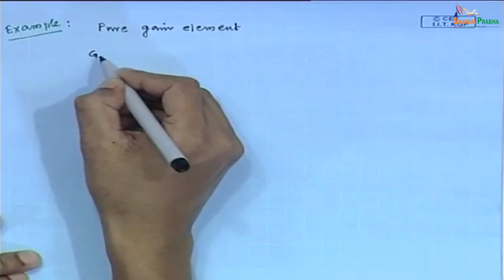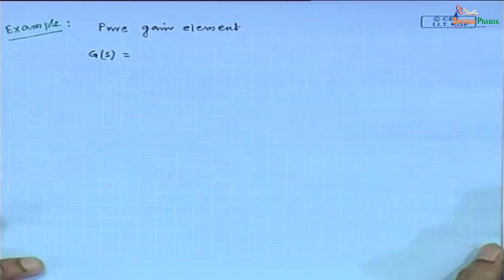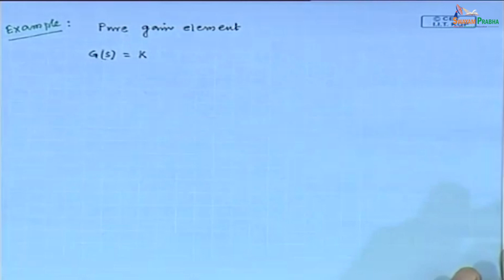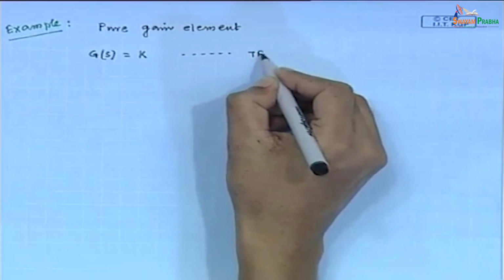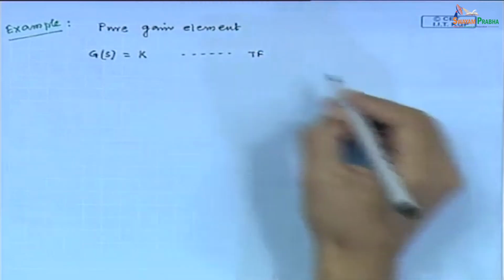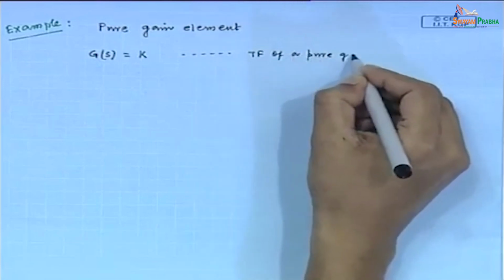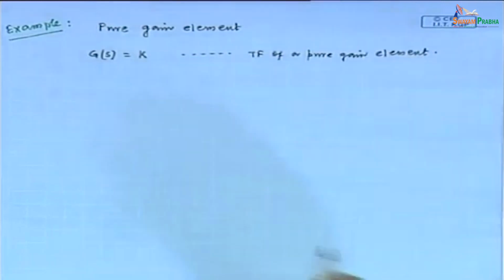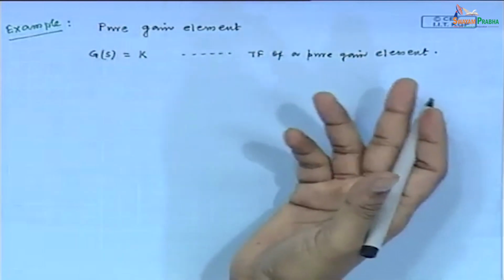Therefore, first we need to determine the expressions for amplitude ratio and phi. So, to do that we need to know the transfer function. The transfer function of a pure gain element is represented as k. Now, there is no need to express in terms of real and imaginary terms.